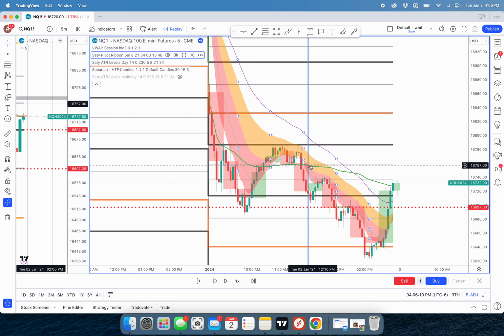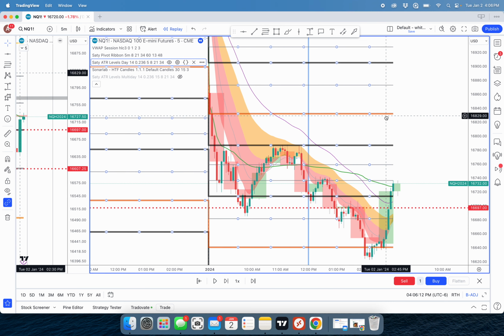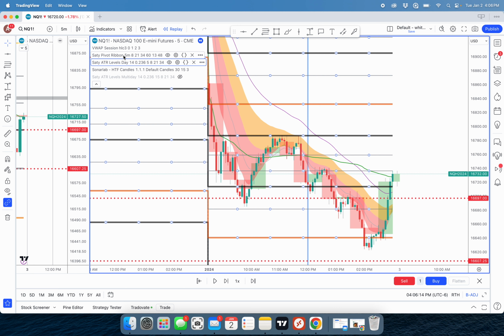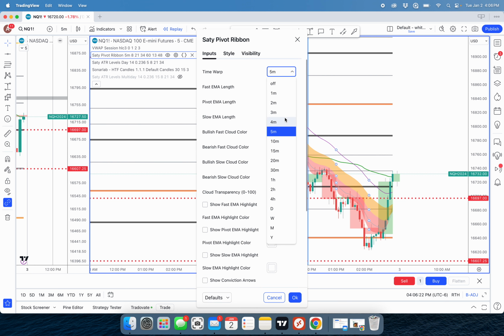And in reality, that's almost not the best way to use it either. So SATI pivot ribbon, here it is. SATI ATR levels, SATI ATR levels multi-day. If there was a level, I believe, let's look at 10 minutes. Nope, 10 minutes is not good. 5 minutes.